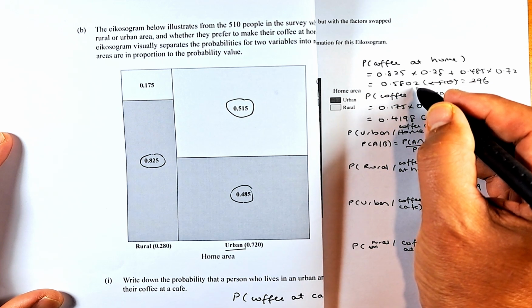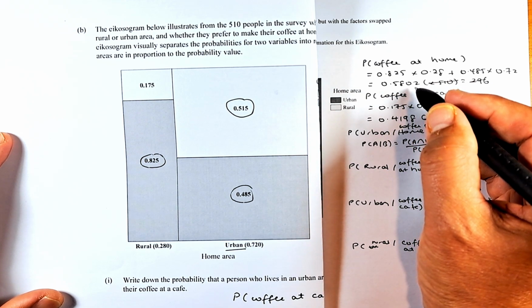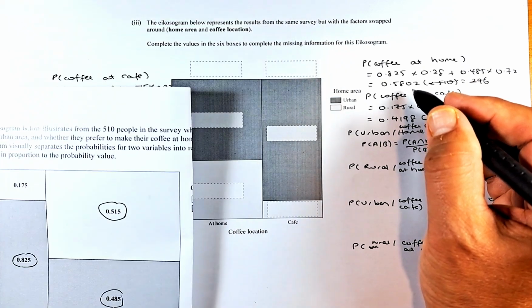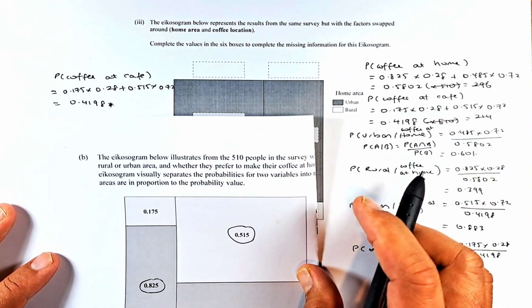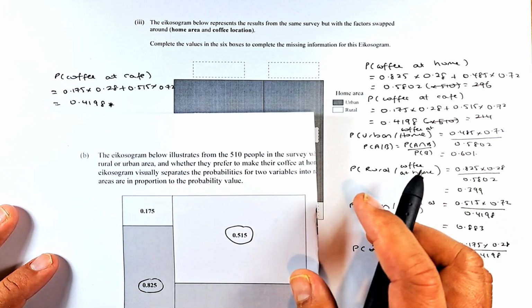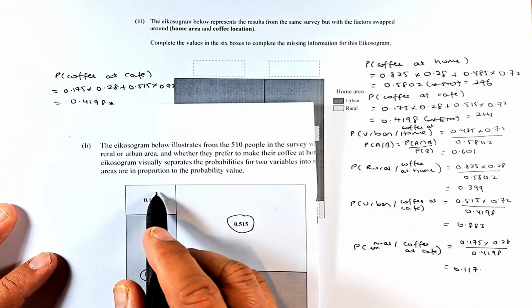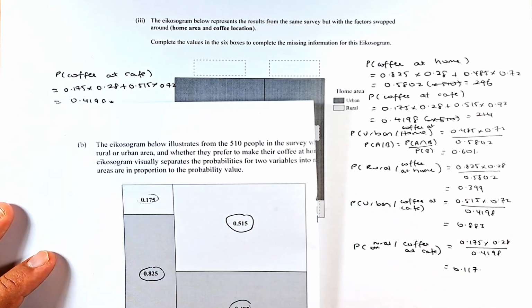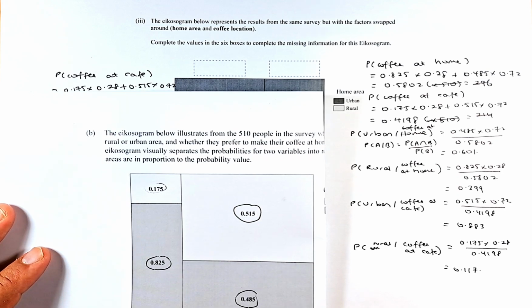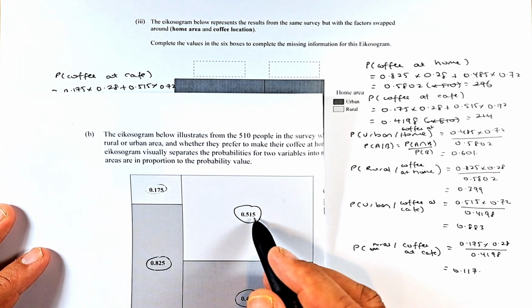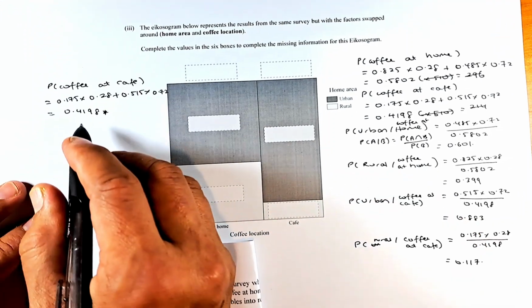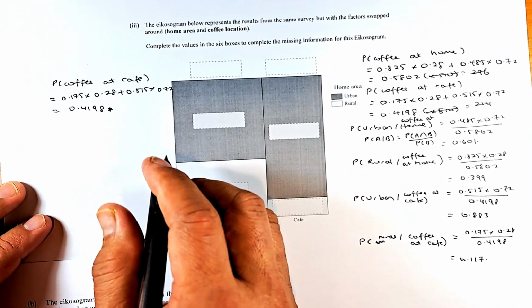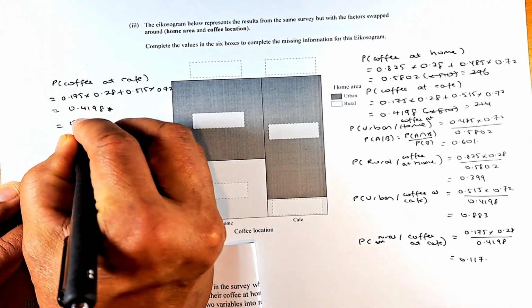To calculate the coffee at cafe, we do the same thing. We take 0.175, this is the cafe, multiplied by 0.28, plus 0.515 multiplied by 0.72, and that gives us 0.4198, or to make it simple, 0.42.